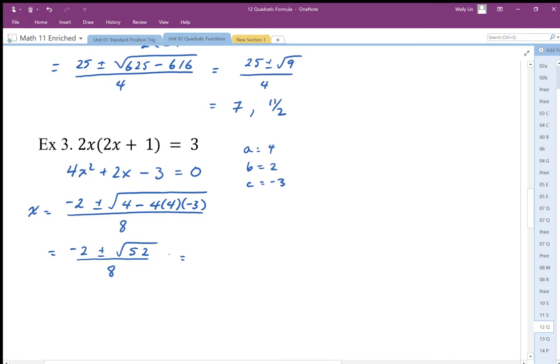But we should simplify this. And we should factor out the perfect square of 4. So we end up with 2 root 13. And then we can simplify that fraction by a factor of 2. So we end up with negative 1 plus minus square root of 13 all over 4. Okay, and this is our final solution.